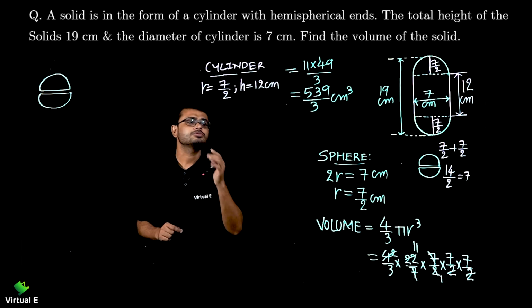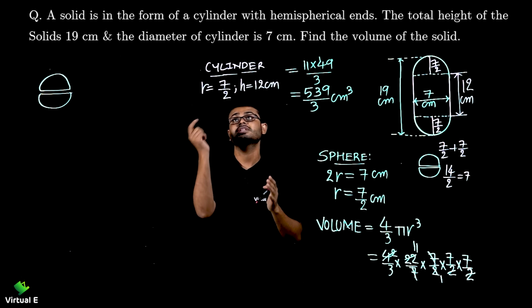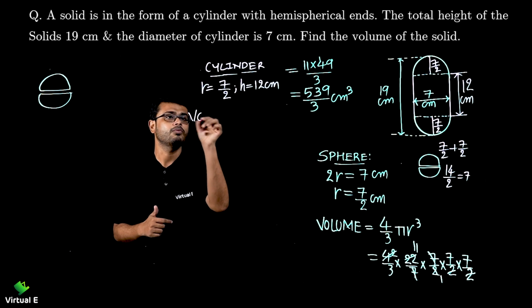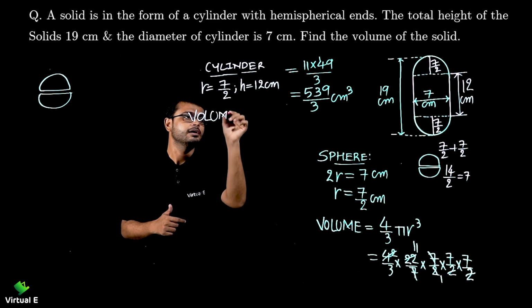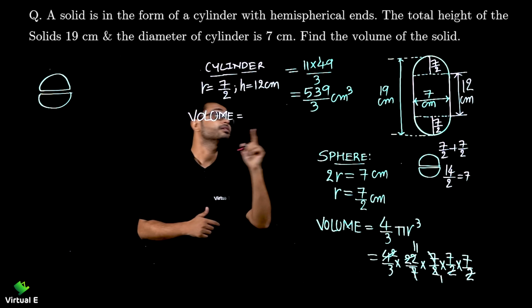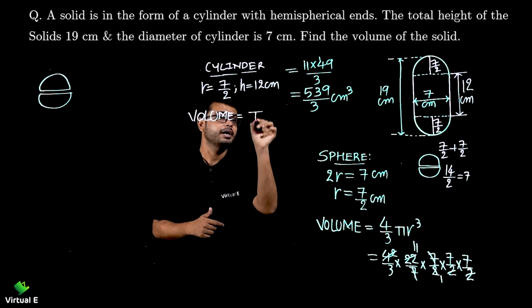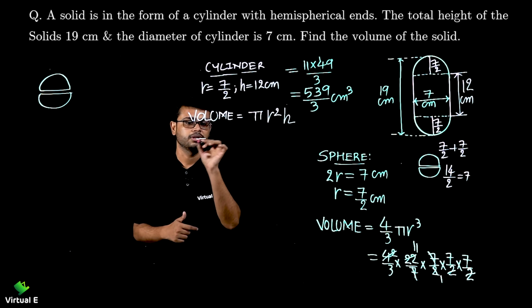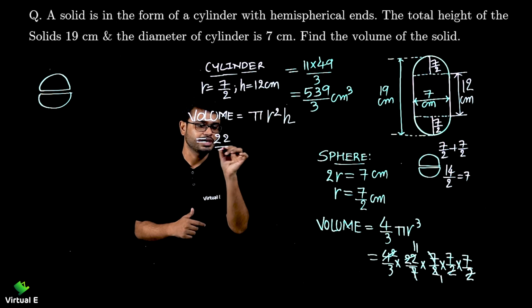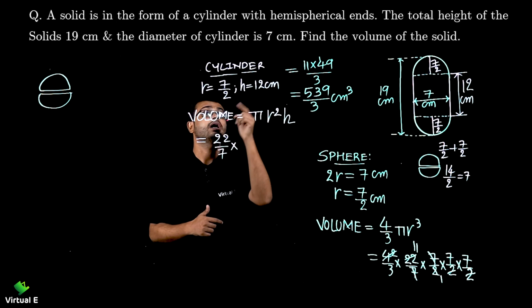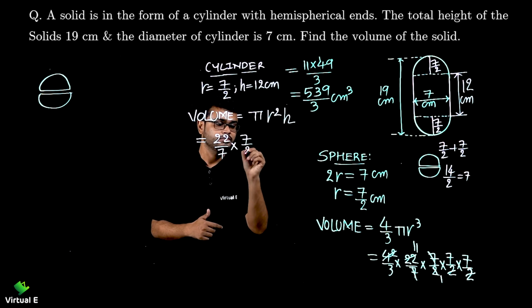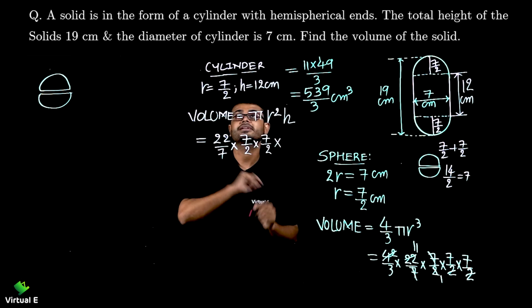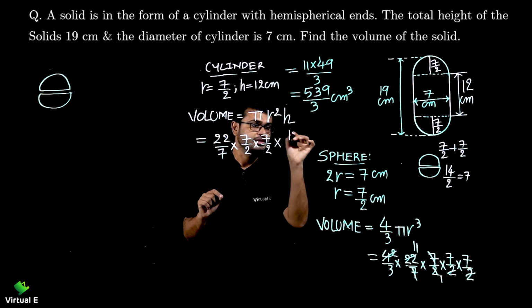Then we just need to put the volume formula for the cylinder and we are done with the sum. We just need to add as well. So volume is equal to, what is the volume formula? Pi r square h. Simple. So 22 by 7 into r is what? 7 by 2, 7 by 2, because it is r square, and h is 12.